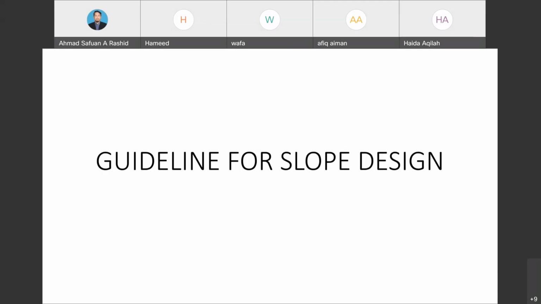This guideline follows some of the guidelines from the Hong Kong slope branch, and also from the British or UK design guidelines.